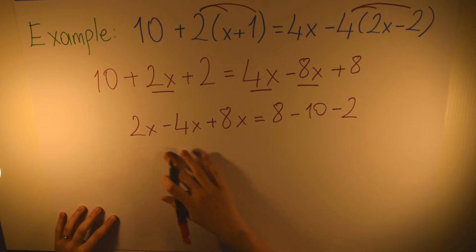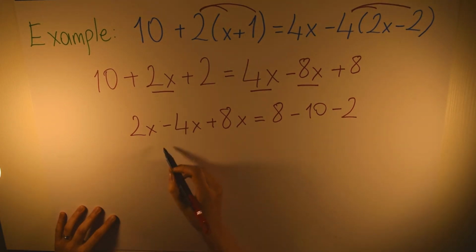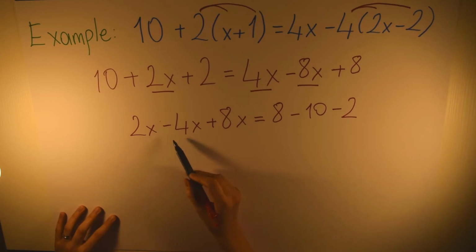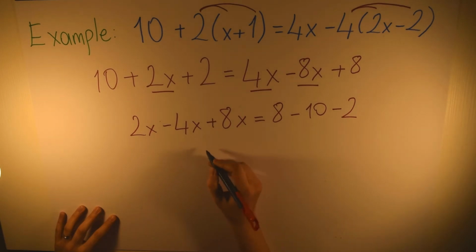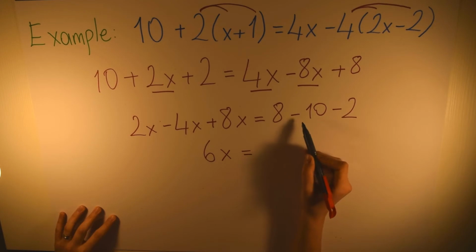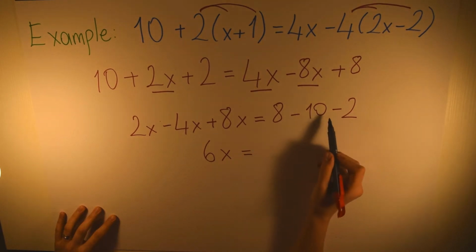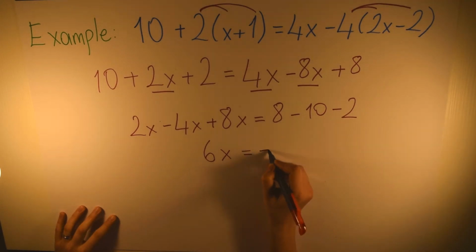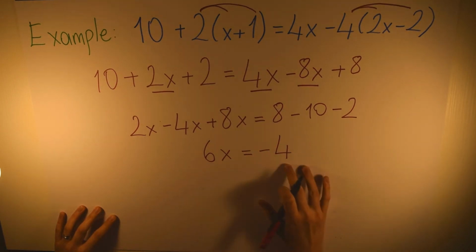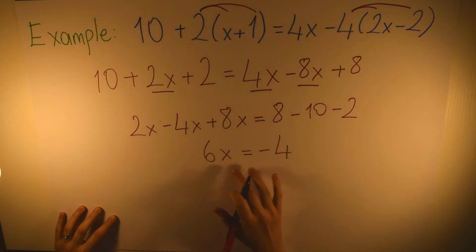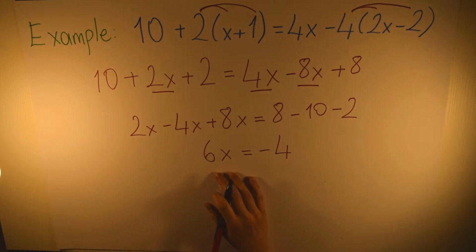So after this step, we will simplify, right? So okay, let's calculate this. We have here 2x minus 4x plus 8x, which is 6x, is equal to here minus 2 is equal to minus 4. So we simplify these two parts, and now we have to clear the x.